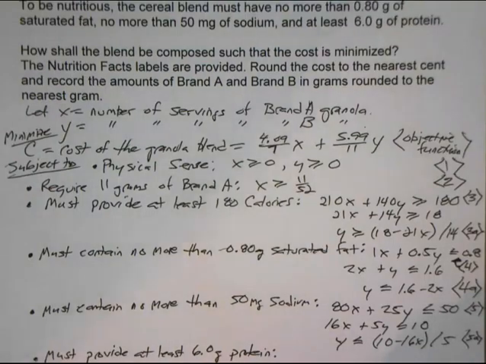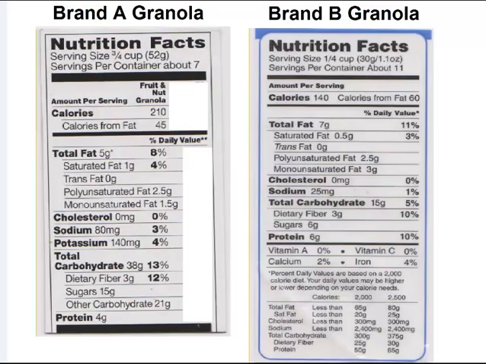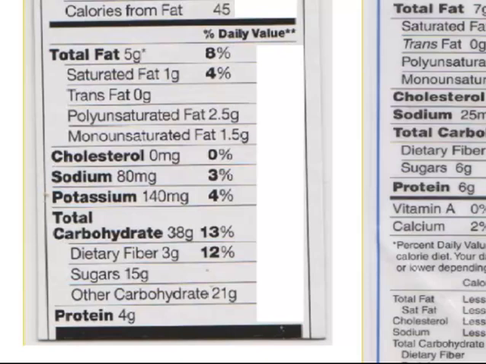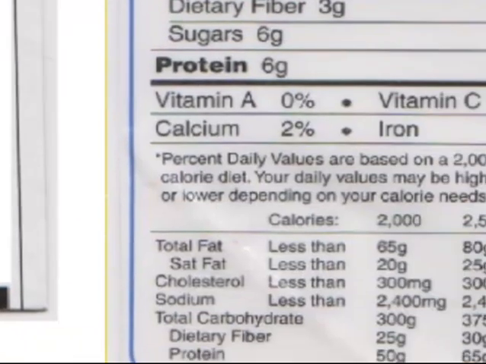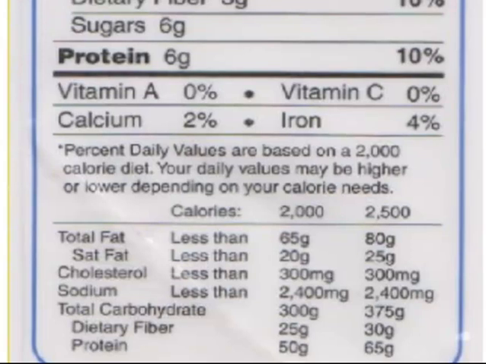Need to check the nutritional fact label for proteins for each of these. The brand A, it's on the bottom there. 4 grams of protein for 1 serving. Brand B, not as far down because the brand B nutrition fact label is more complete. These fact labels usually also talk about the recommendations for a daily requirement for 1 person. So for the protein in brand B, it's 6 grams for 1 serving.